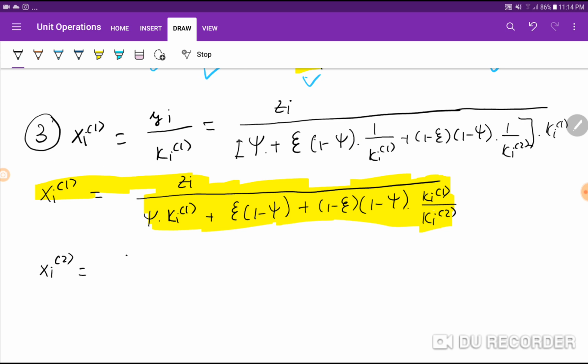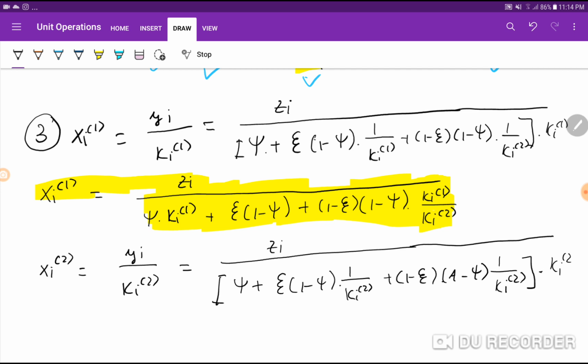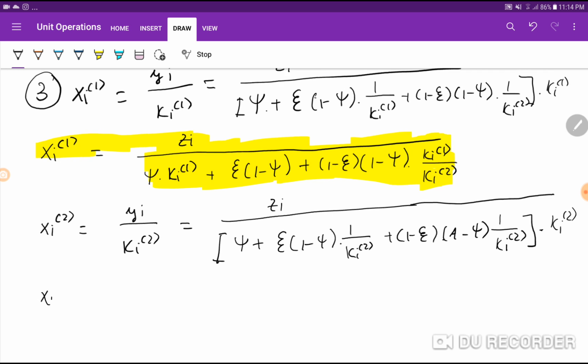Similarly, we have xi2 being yi over ki2, and similarly we have zi over psi plus, I'm going to do it kind of slow so that you guys won't be confused, 1 minus, just literally copy it. Math is really kind of rewarding in a weird way. Once you get past the hard part, the rest is just pluck and chuck. Literally pluck and chuck.